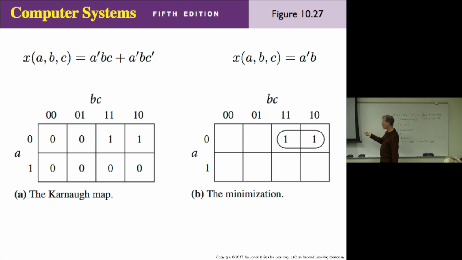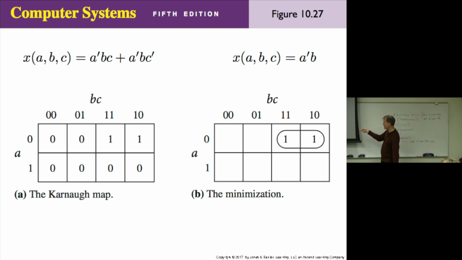First of all, what row are these two ones in? A equals 0. So if I ask you, what is the A prime region? That would be the top row. And what region is the rightmost? It's the B equals 1 region. Do you see what I'm saying?